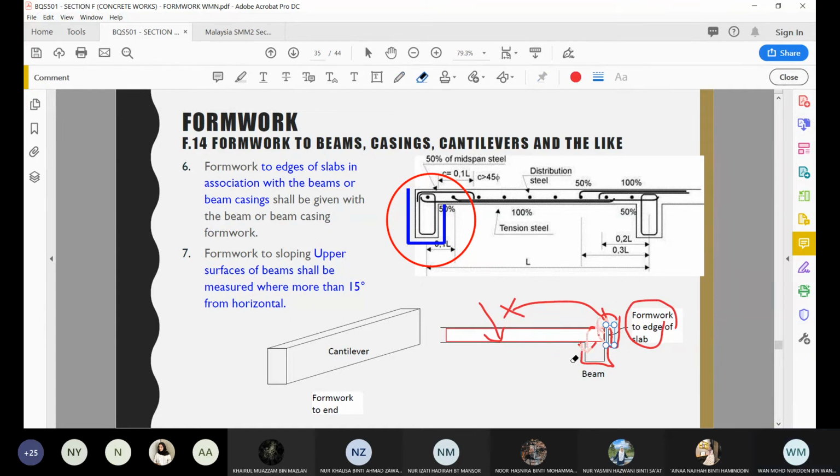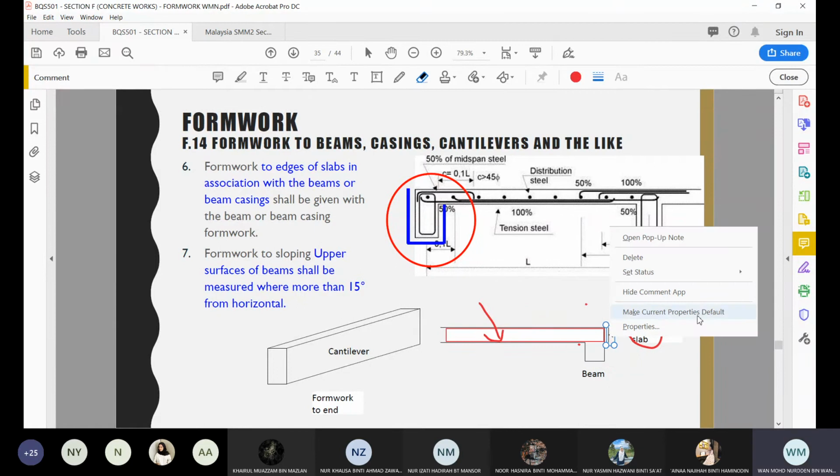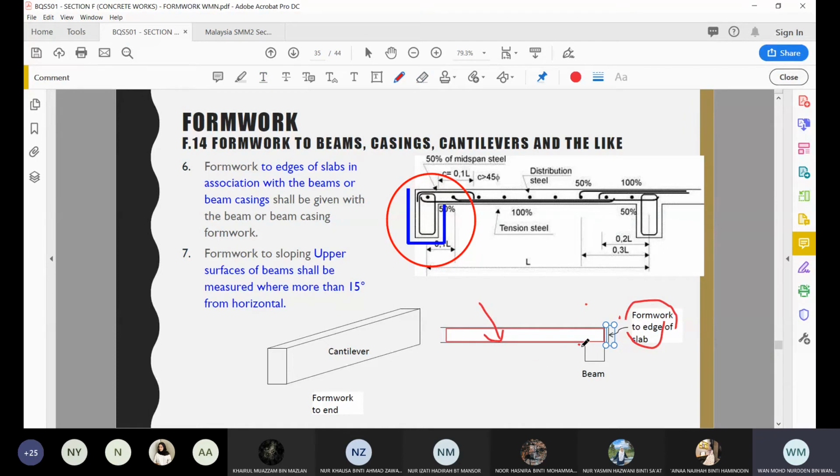Maksudnya, okay, bila kita buat side and soffit of beam, kita bukan buat sampai sini sajalah. Jadi, mula sini, side, soffit, and side ni kita akan masukkan sekali dengan edges of slab. Edges of beam plus edges of slab. Kalau tu rupa dia macam ni.